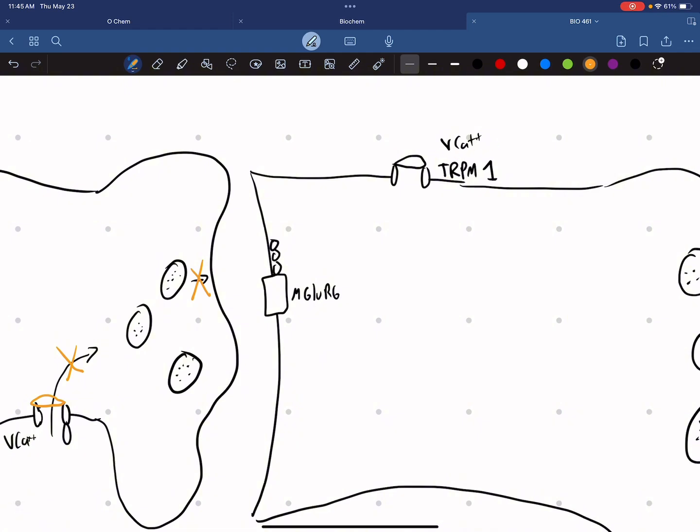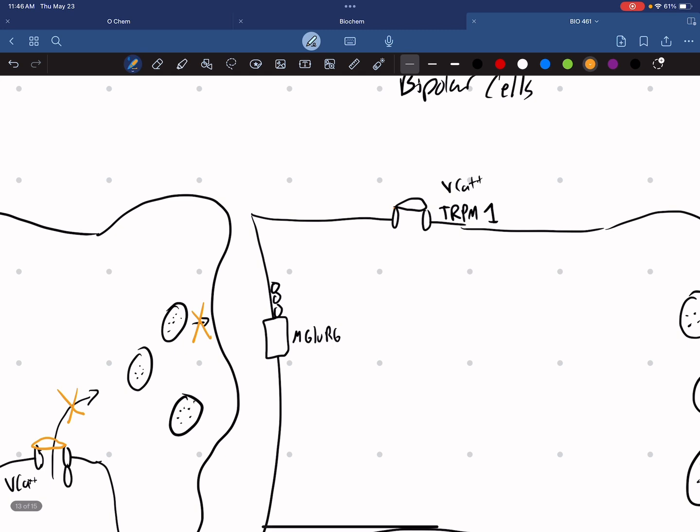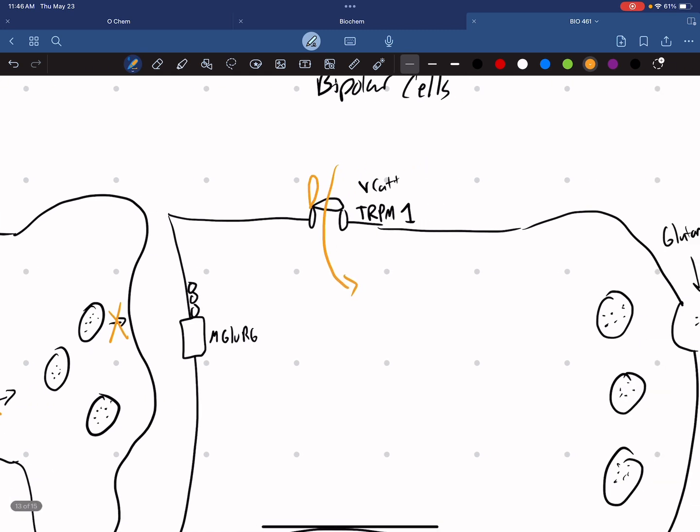But because it's light out, we don't have any neurotransmitter going to this mGluR6. So this voltage-gated calcium channel is actually going to be open. And so we will have positive ions coming into the cell like this because of the light.